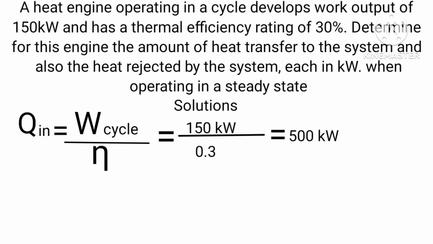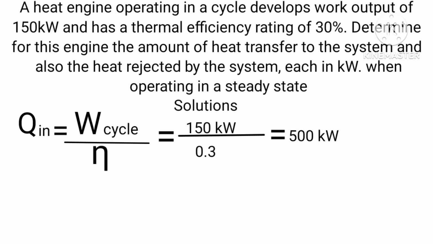The next question says that we should find the amount of heat rejected by the system, and they all should be in kilowatts. The amount of heat rejected by the system is the amount of heat transferred out of the system. There is a formula we need to use for the power cycle, because we're talking about a power cycle here, not a refrigeration cycle.